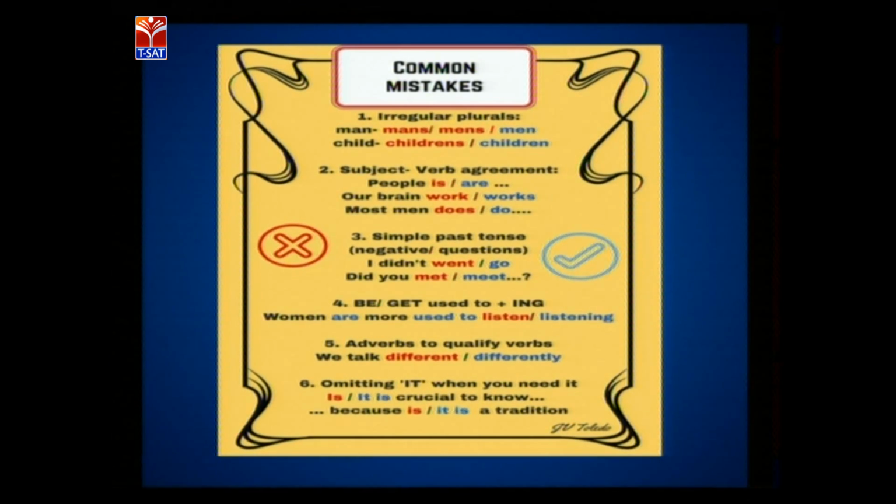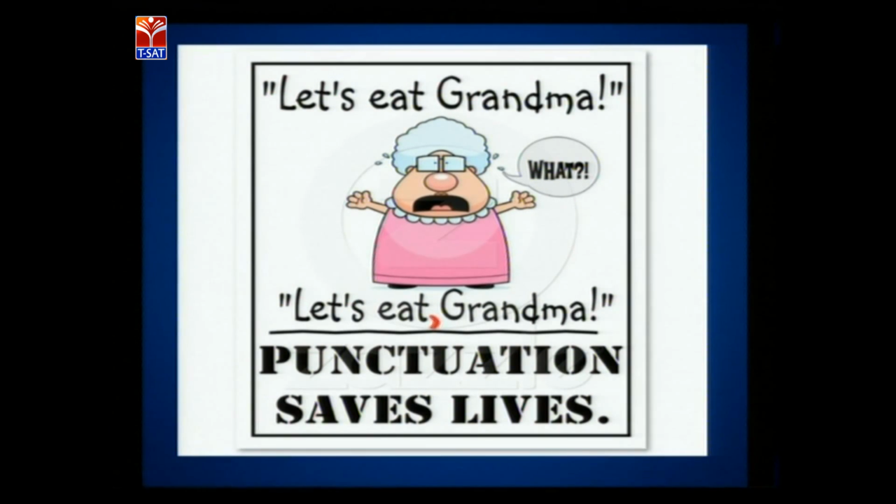We add s to children even, forgetting that children itself is the plural of child. And instead of people are we use people is. And there are so many common mistakes on the screen. Okay, now let us come back to the same slide once again later.